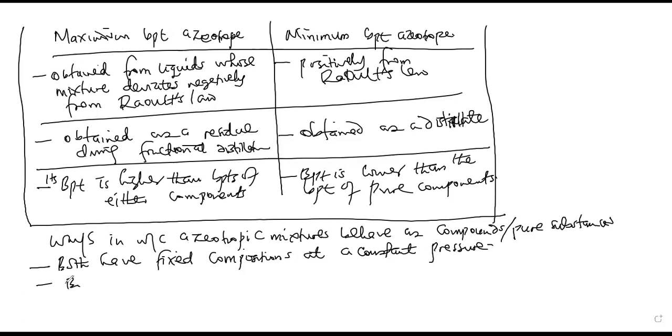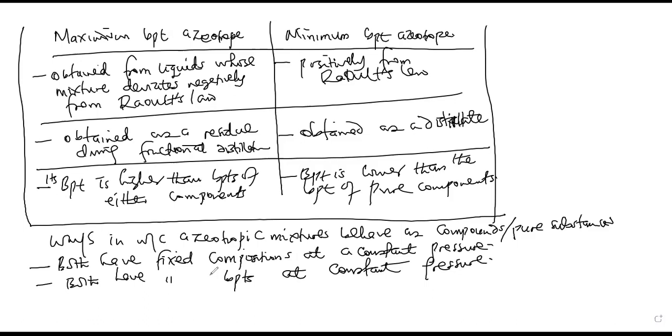They both have fixed boiling points at constant pressure. Those are two ways in which azeotropic mixtures behave as compounds. All these notes can be of great importance when examining.